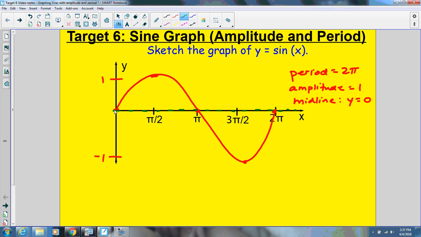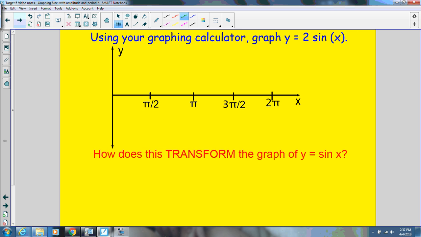Okay, so now we're going to take this parent function and we're going to start transforming it by playing with the amplitude and the period. So first we're going to use our graphing calculator and we're going to graph y equals 2 sine of x.